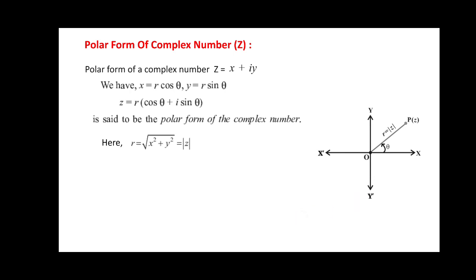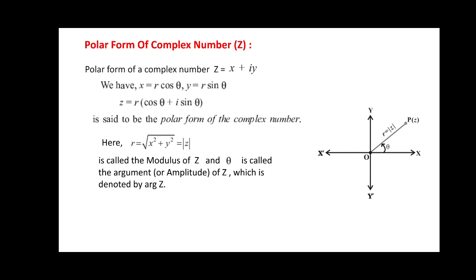Here r equal to square root of x square plus y square equal to modulus of z, which is the geometrical representation of a complex number, in which the modulus is nothing but the distance between the point and the origin. So modulus of z is equal to square root of x square plus y square, and theta is called the argument or amplitude of z, which is denoted by arg z, meaning argument of z.